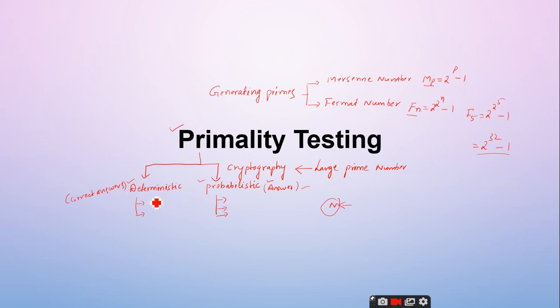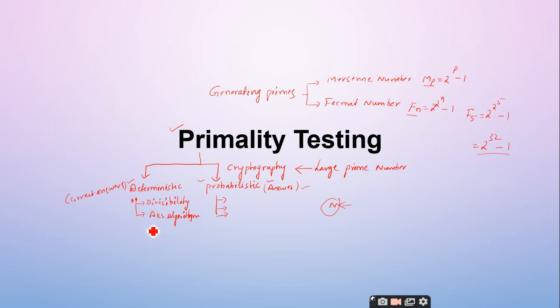Under these deterministic algorithms, the first and foremost one we are going to discuss is the divisibility algorithm. This we have seen in the last session. We'll come back again and discuss this. And after this, we have another algorithm called the AKS algorithm. There is nothing more to discuss on divisibility and AKS.